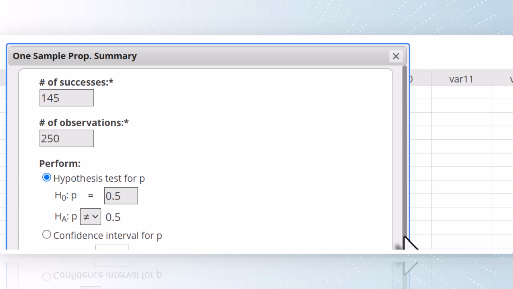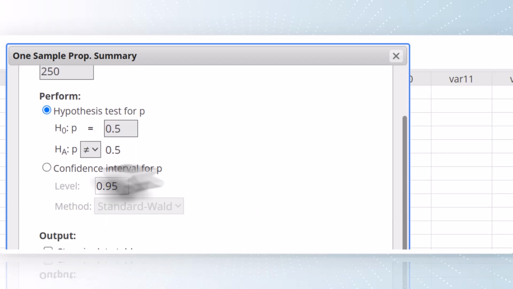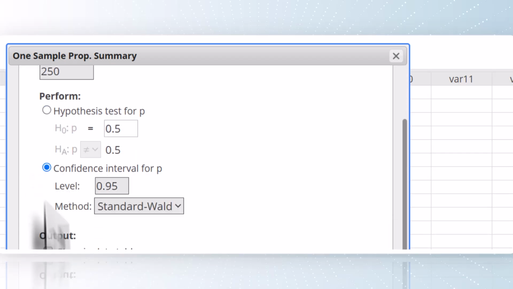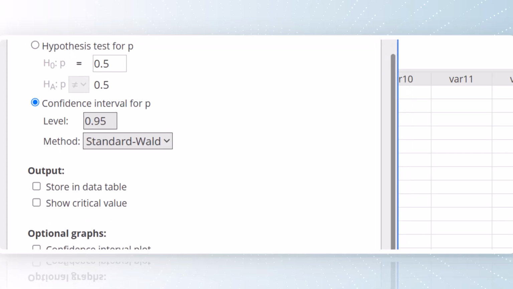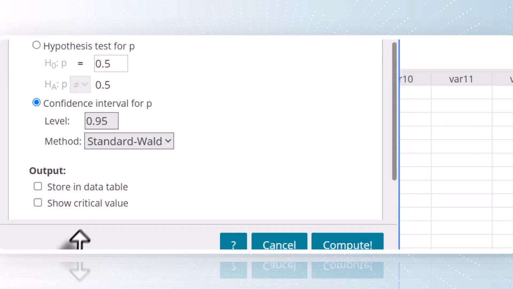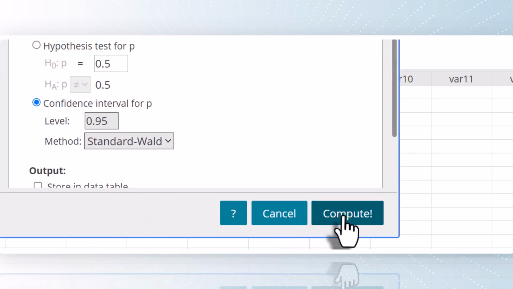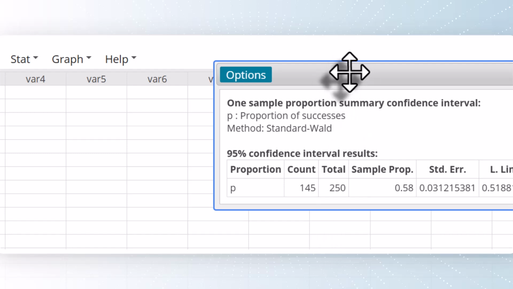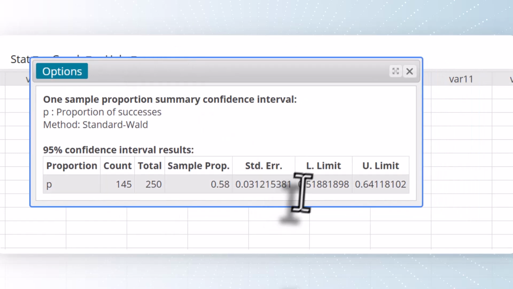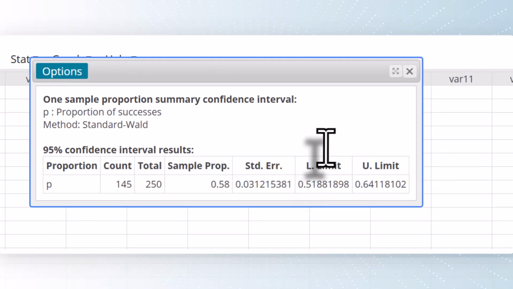And guys, you need to select the confidence level, which is 95%. And then you can click on compute. Let me show you compute. It's right there. And here you go. The lower limit is 51.9% and the upper limit is 0.641 or 64.1%.